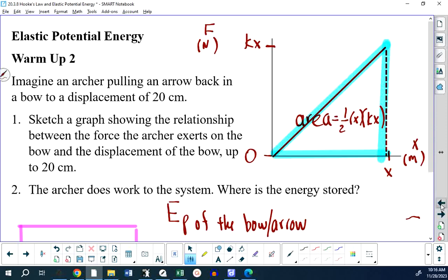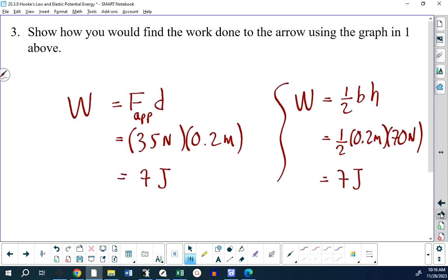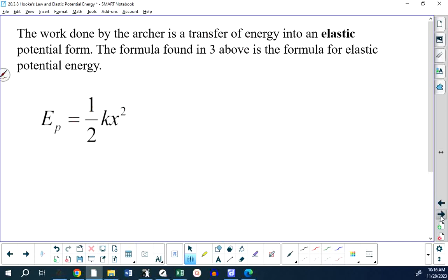And everything we've done today up to this point is simply done so that we can draw this conclusion. Now we have a new formula that can be used to calculate the elastic potential energy of a spring, an elastic band, or something that is stretchy.